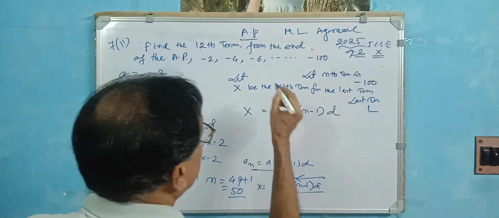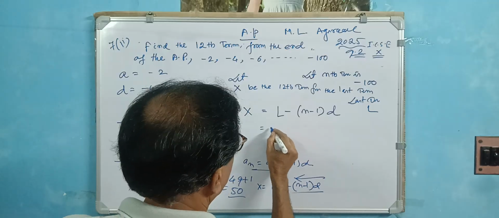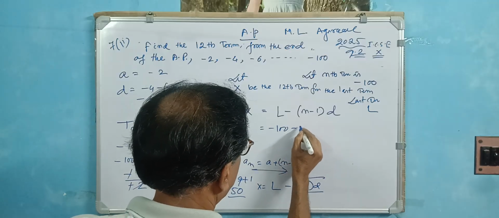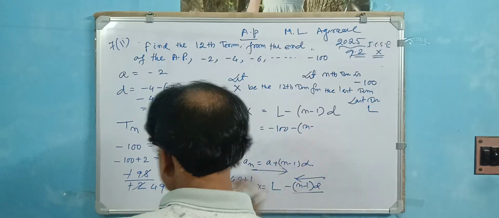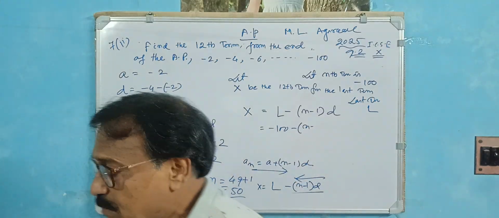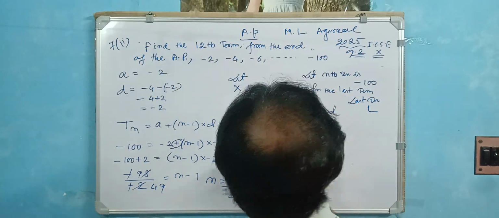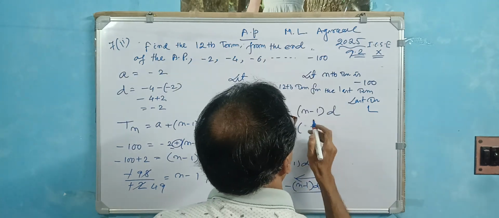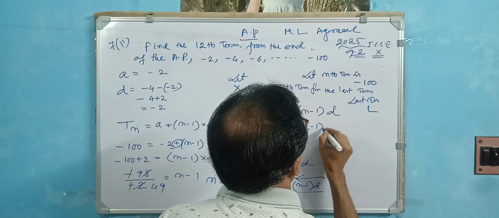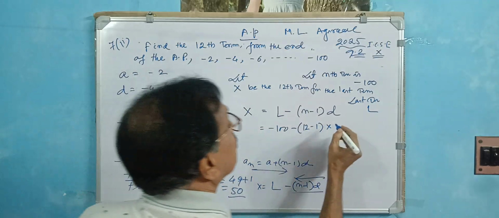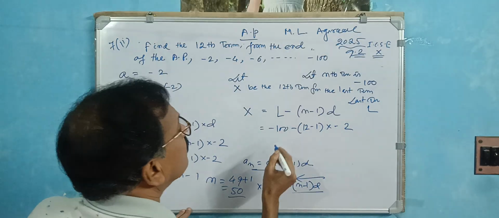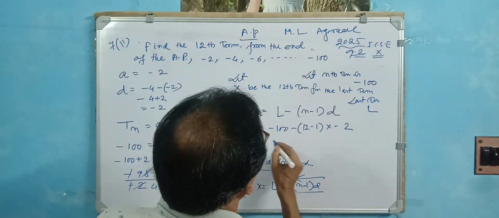L is the last term, that is minus 100, minus n minus 1, where n is the 12th term. So this is 12 minus 1 and d is minus 2. What's the calculation?